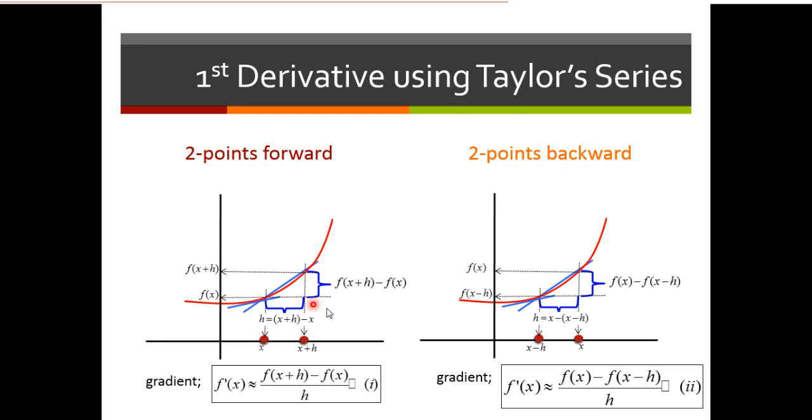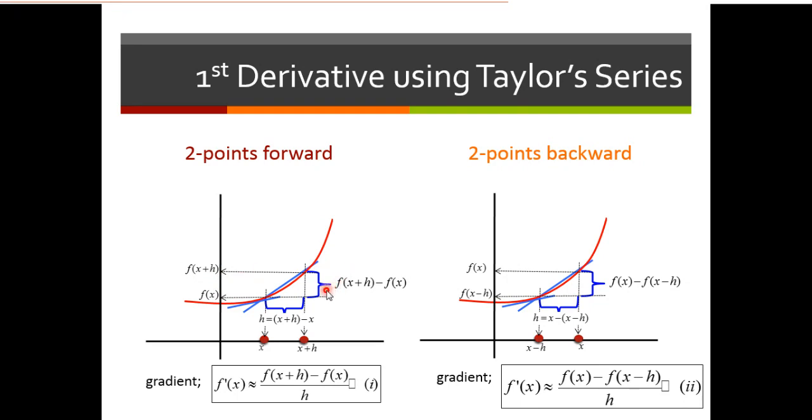Okay, and then for the second point over here, the x value is actually x plus h, whereby h is the difference between these 2 points, and then your f value is actually f(x+h). Okay, this is the value that you can find from the data set.